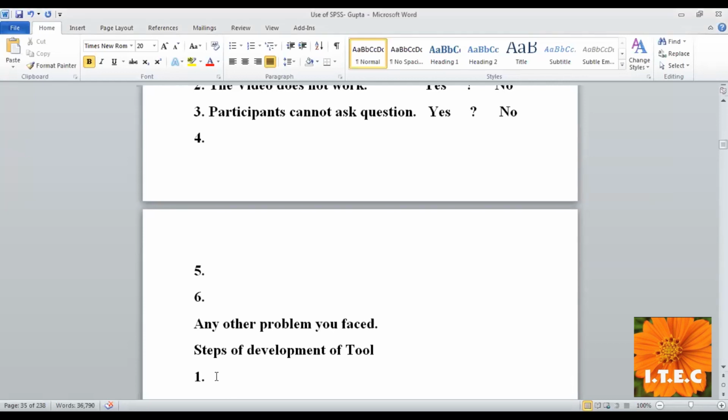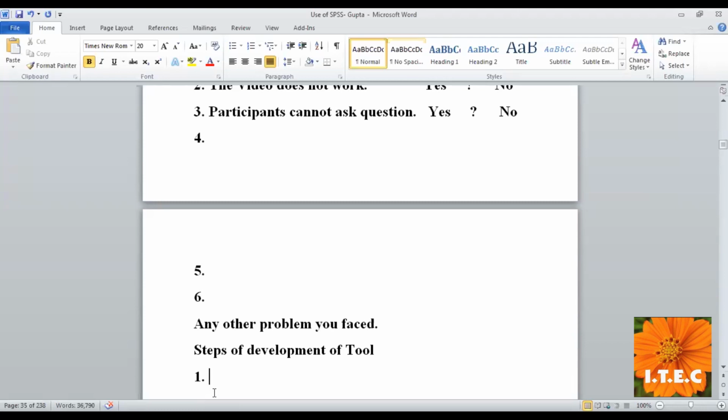Now, the first step is that whatever variable you have, because you have already decided the variable related to which you want to have a tool, you must define the variable.